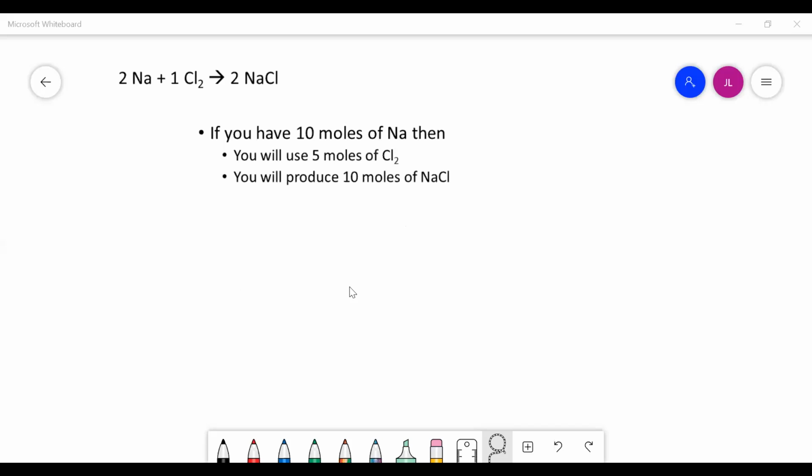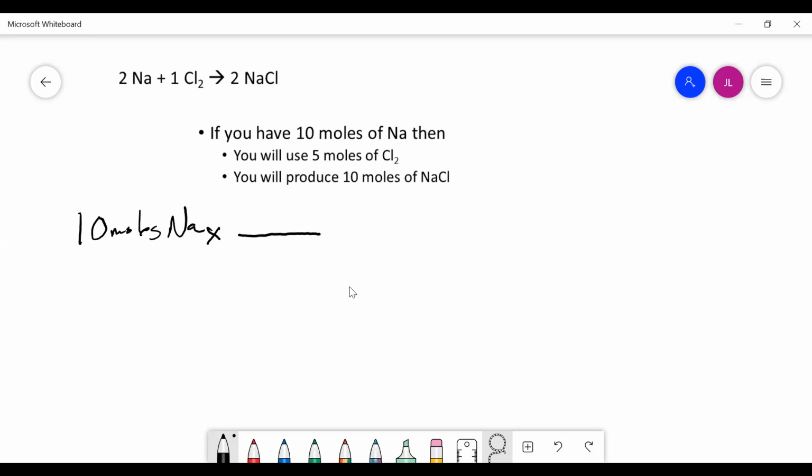If I'm starting with 10 moles Na, and as we get into stoichiometry, I'm going to make a very big suggestion, because this really does help: start writing not just the unit moles, but also moles of what you are looking at, like in this case, moles of Na. We're just doing dimensional analysis here. We're doing a unit conversion.